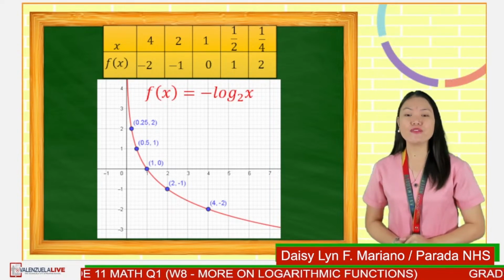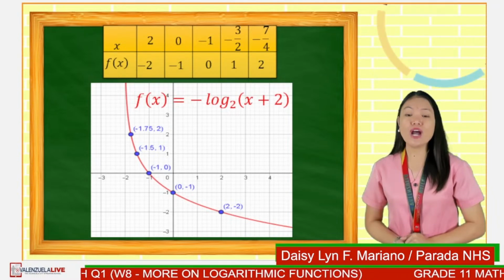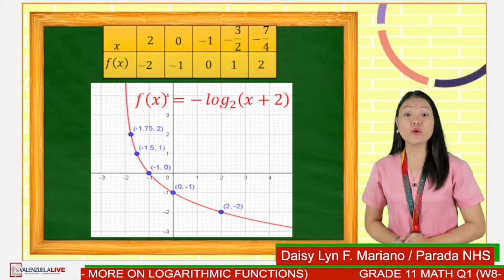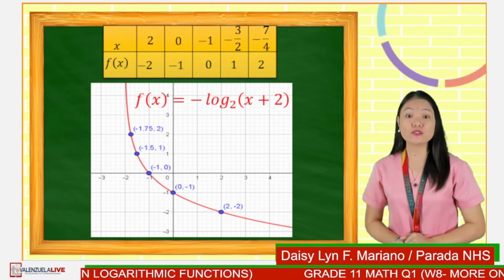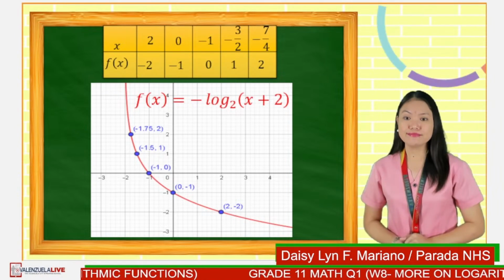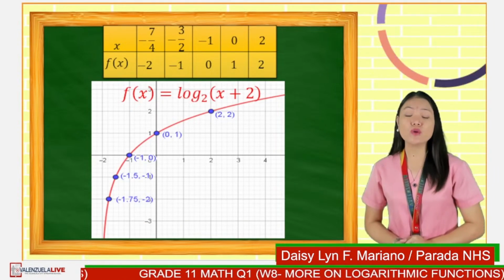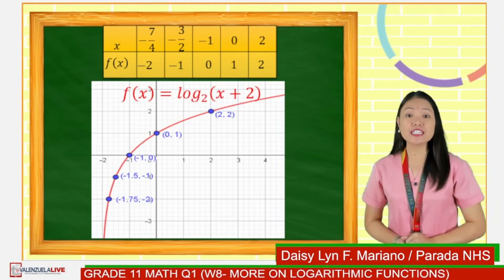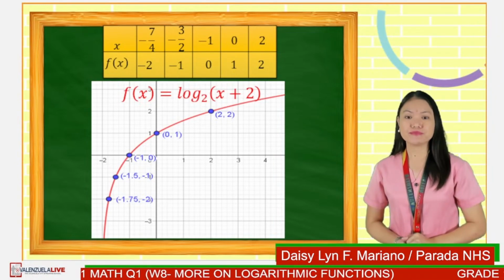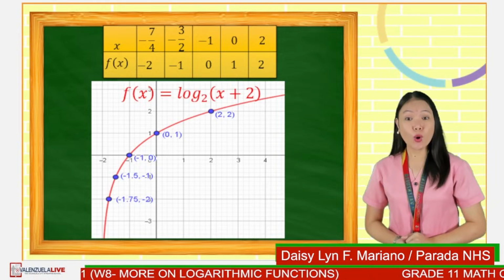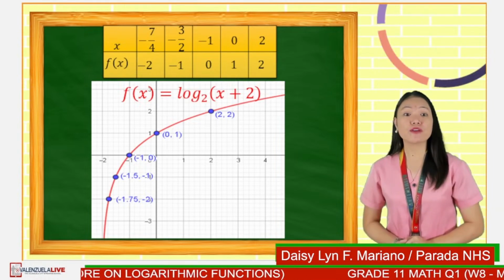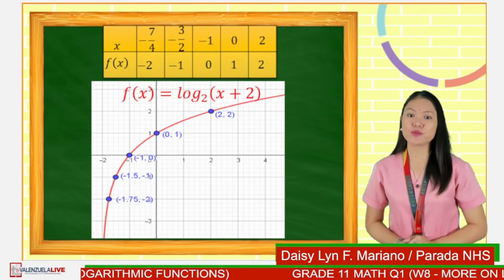Next, we have f of x is equal to negative logarithm of the quantity x plus 2 with base 2. Then we have f of x is equal to logarithm of the quantity x plus 2 with base 2. I hope representing logarithmic functions is now easy for you.